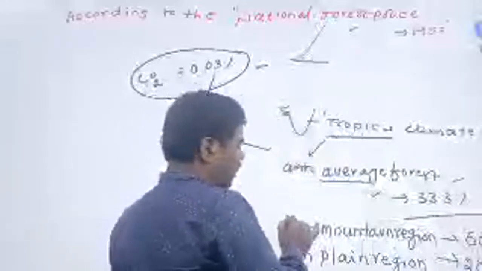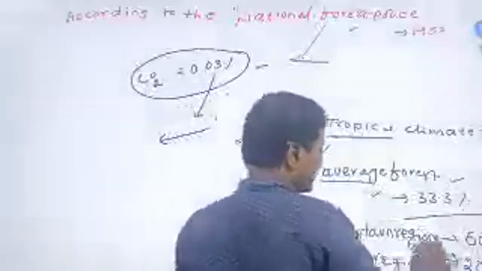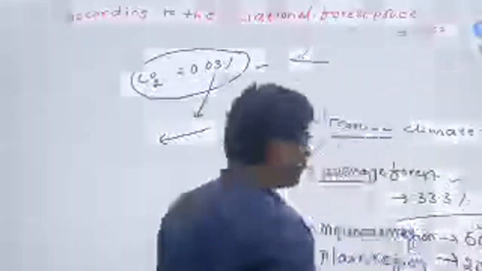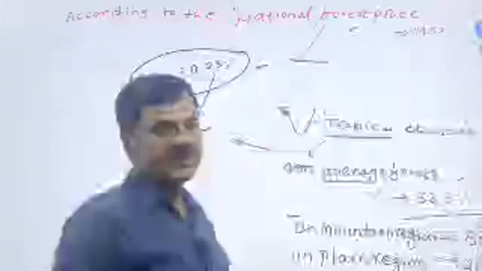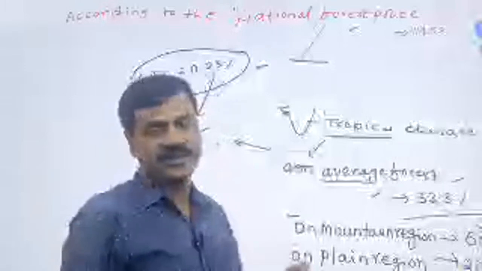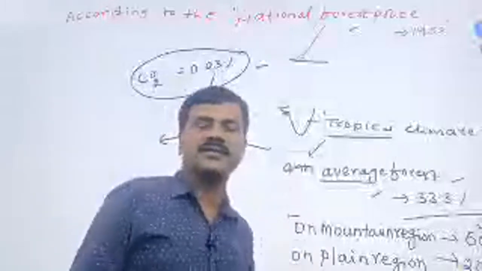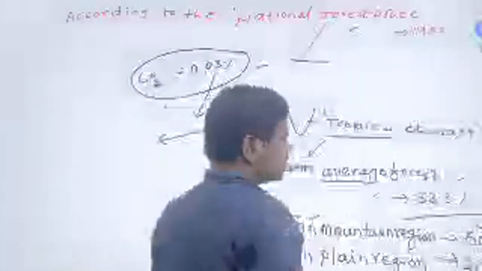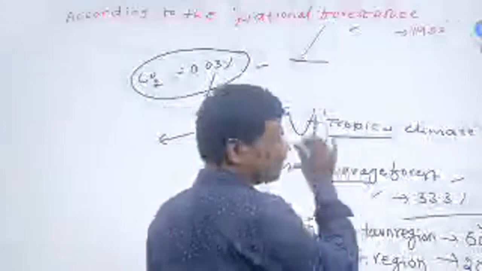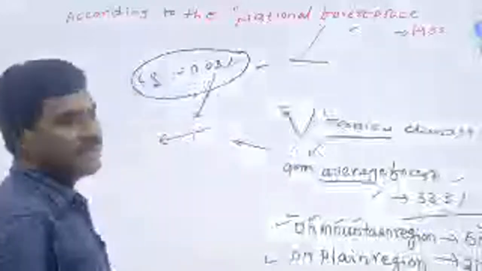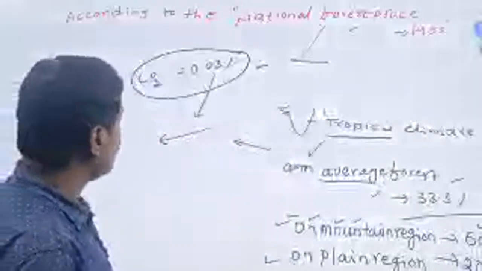So on the mountain region an average of 60% forest is very essential. The plain region has basic facilities, agriculture, urbanization and industries. At the same time, biodiversity and wildlife sanctuaries are on the mountain region.